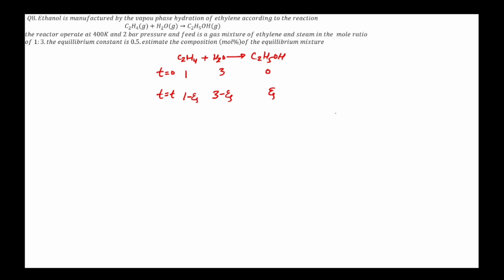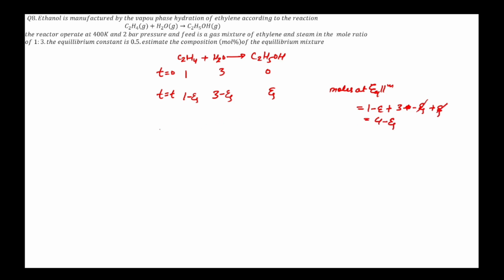Now, moles at equilibrium after completion of the reaction will be 1 minus E plus 3 minus E plus E, so it will give 4 minus E.